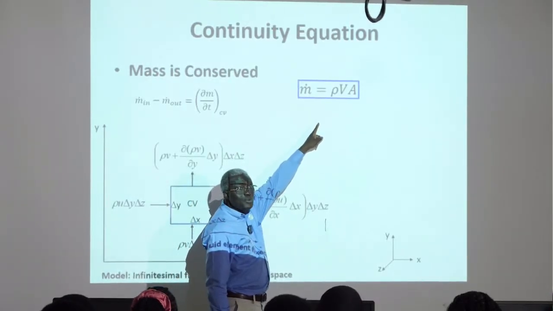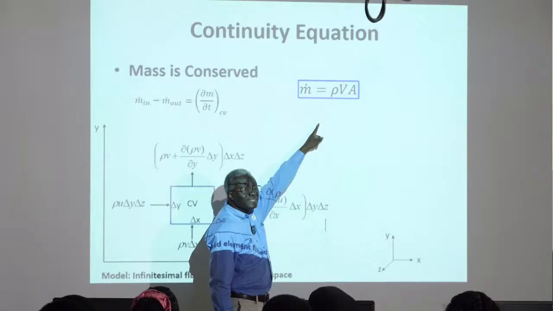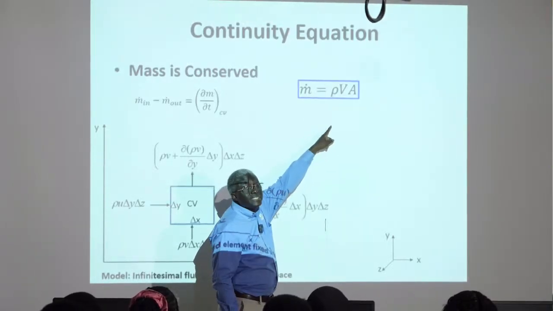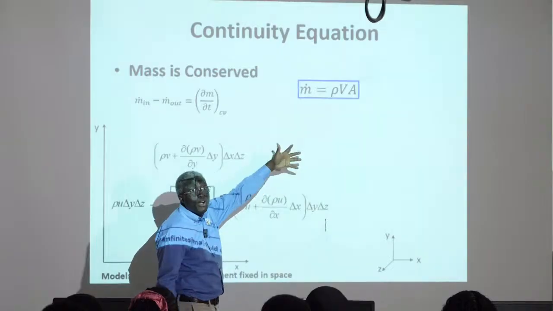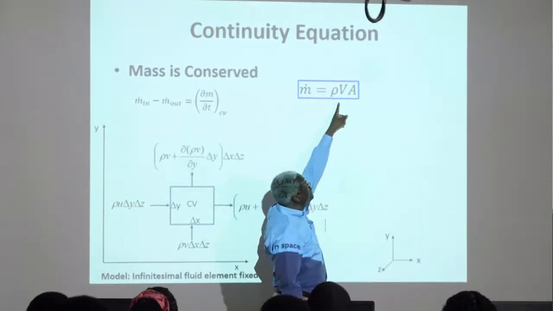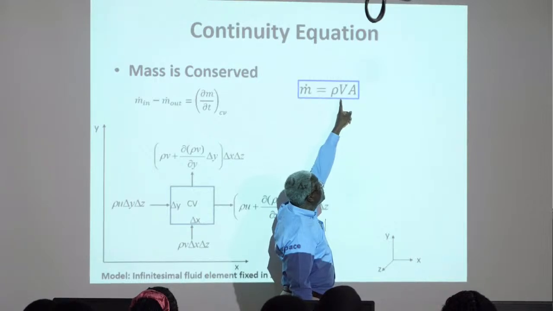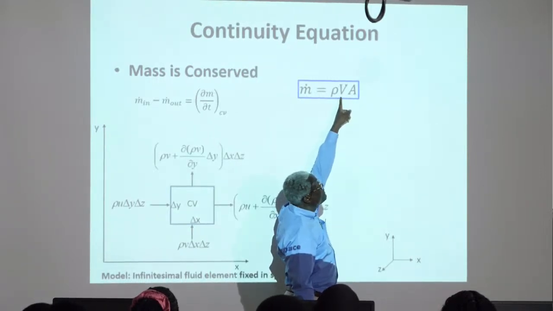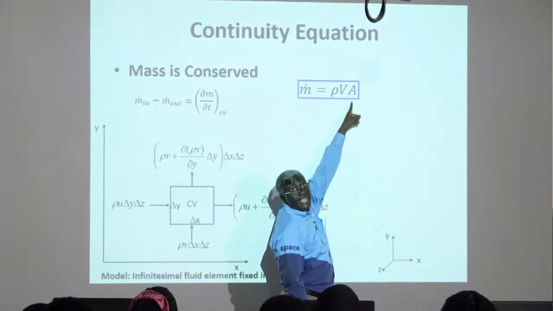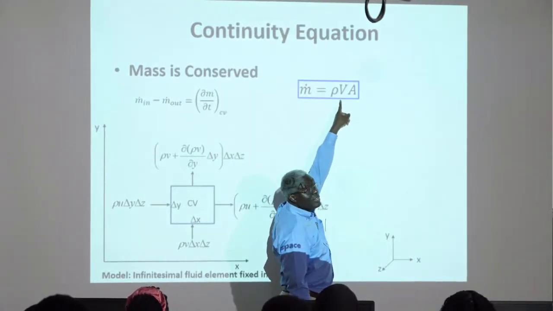What is mass? How do we define mass? Density times volume, right? But density times volume can also be represented as velocity times area, because volume can be represented as velocity times area.